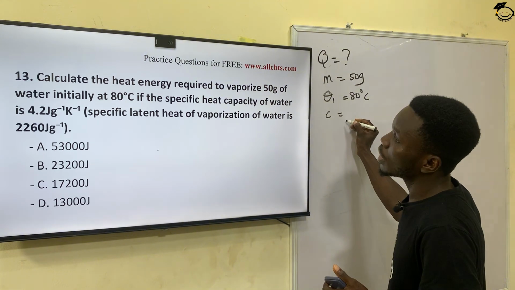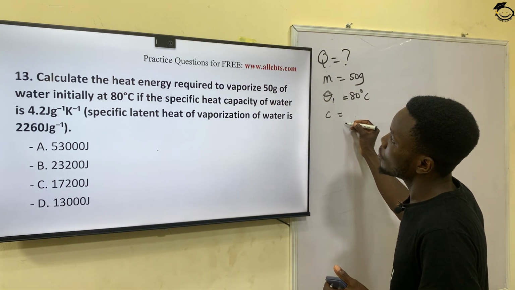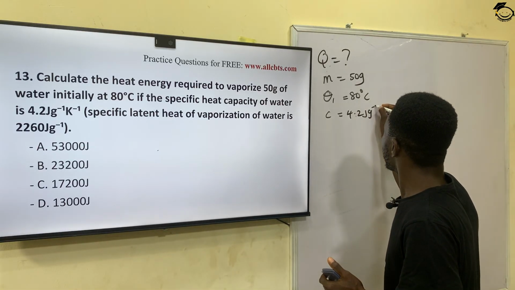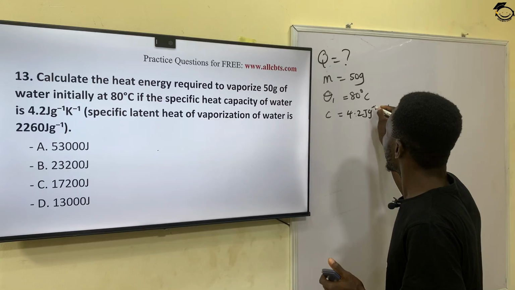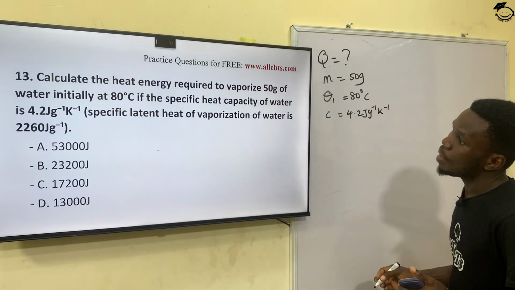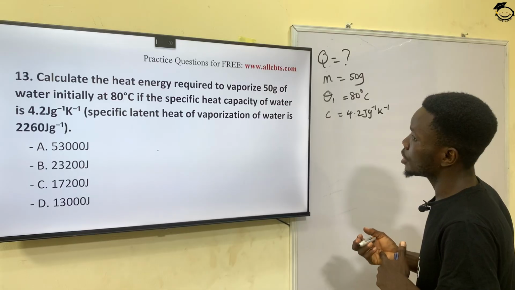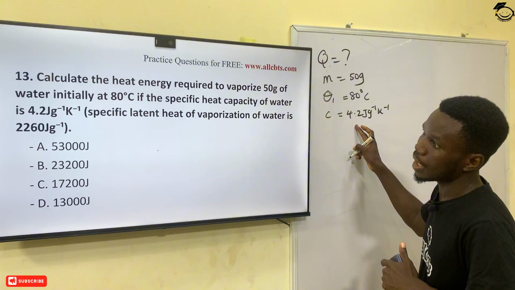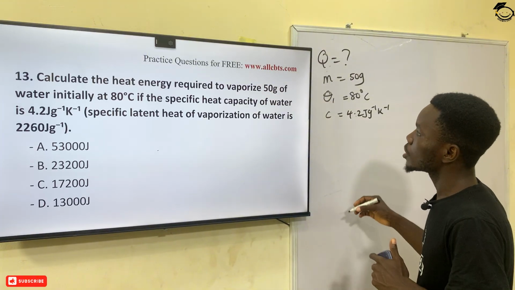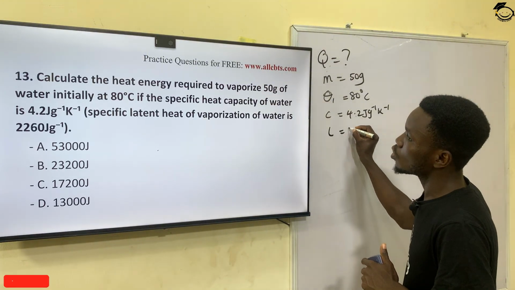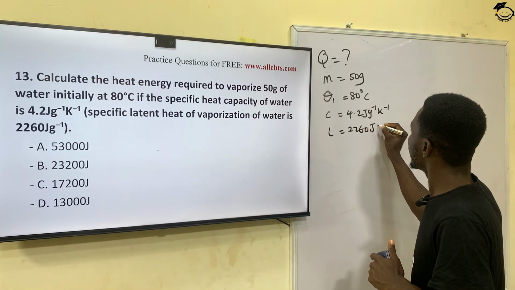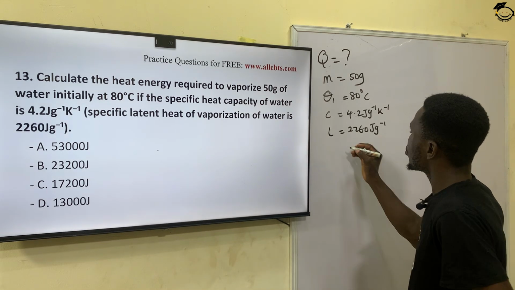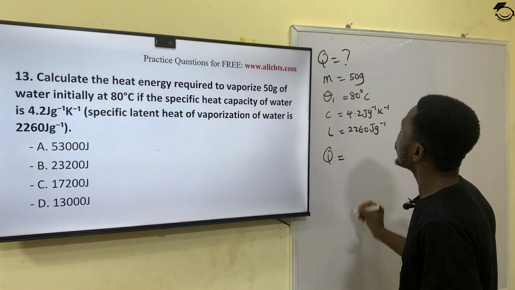We're given the specific heat capacity of water to be 4.2 joules per gram per Kelvin. There will be no need for us to convert our mass because it is already given in grams, as our specific heat capacity is also in grams. We're also given the specific latent heat to be 2260 joules per gram, so there will be no need to convert to kilograms.